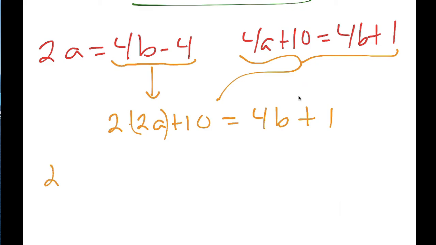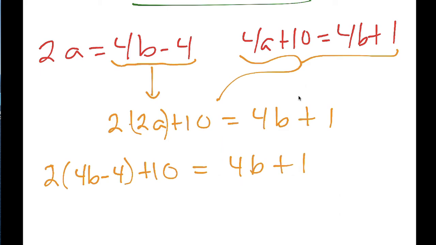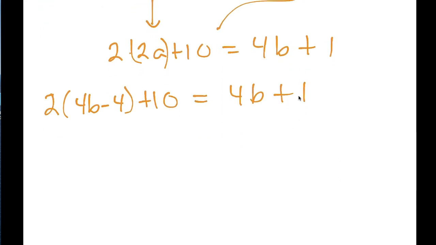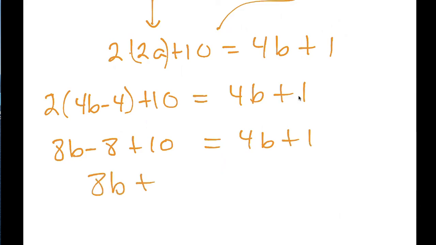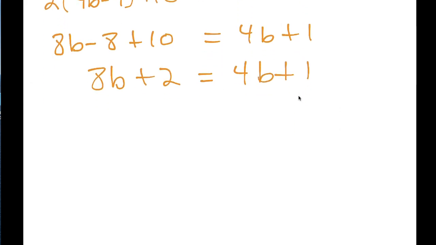So I have 2 times 4b minus 4 plus 10 is equal to 4b plus 1. Now I'm just going to do some algebra. 8b minus 8 plus 10 is equal to 4b plus 1. So 8b plus 2 is equal to 4b plus 1. So 4b is equal to negative 1. So b is equal to negative 1/4.